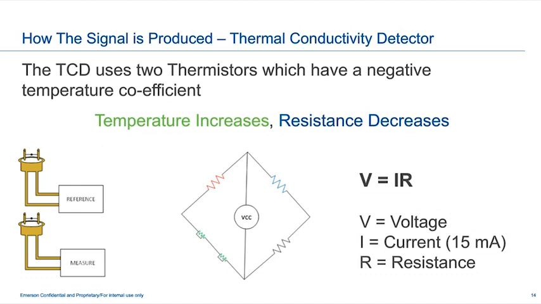That lower thermal conductivity means that wire's temperature increases more over the measurement. As that temperature increased over the measure, the resistance decreases, and that causes an imbalance, which causes a voltage differential. So if you look at the formula V equals IR, the current, 15 milliamps, is constant. So if the resistance changes, the voltage will change.